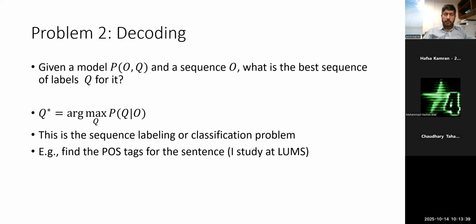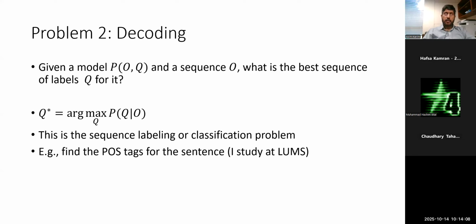Again, from a probabilistic perspective, if you know the probability of O and Q, how can you do this? You will have to find all combinations of Qs, and the combination of Q whose probability P(O, Q) is highest, we want to return that Q. In other words, you are doing argmax of P(O, Q).